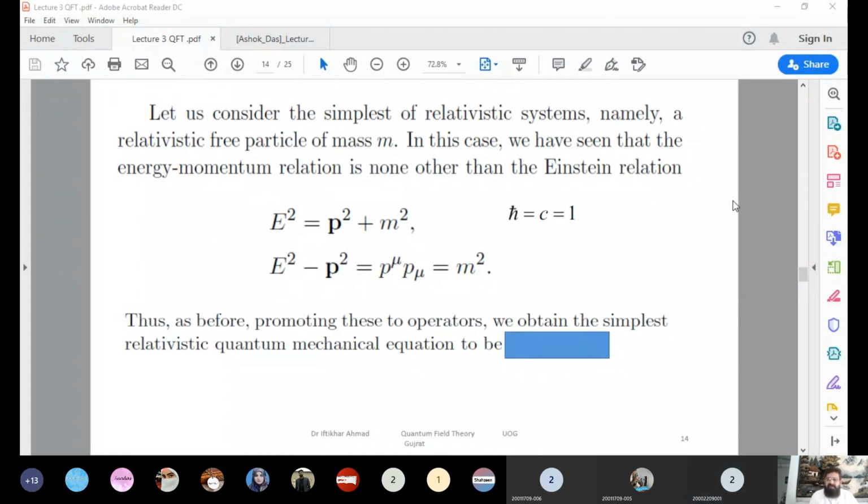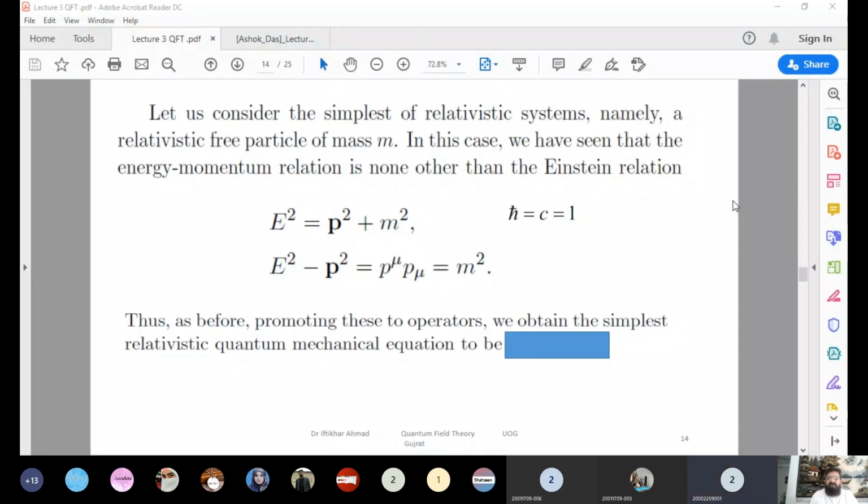Most of the students familiar with the special theory of relativity know that there are two famous relations. One is E equal to mc square, the energy mass relation, and another is E square equal to p square c square plus m square c to the power 4, called the energy momentum mass relation. Here we are using the energy momentum mass relation.